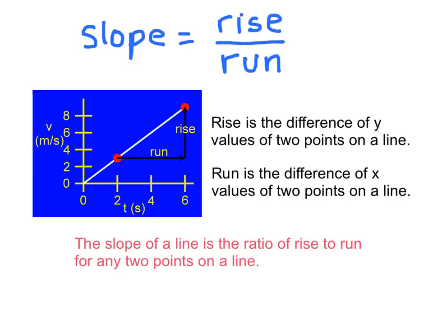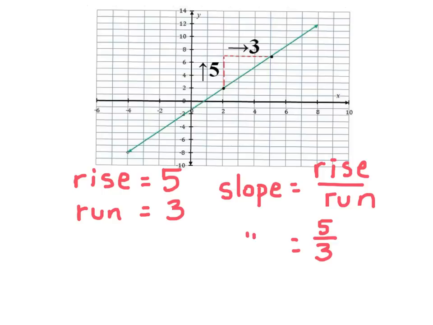Looking at the picture, you can see how rise is the amount of change between 2 points on a line in the y direction, and the run is the amount of change for those same 2 points in the x direction. This is what we call slope. Now let's look at this line and calculate its slope.